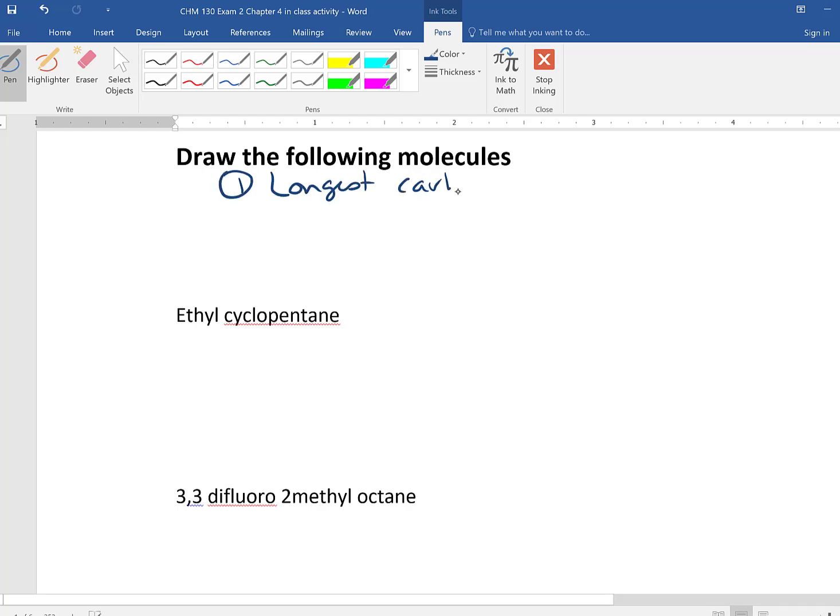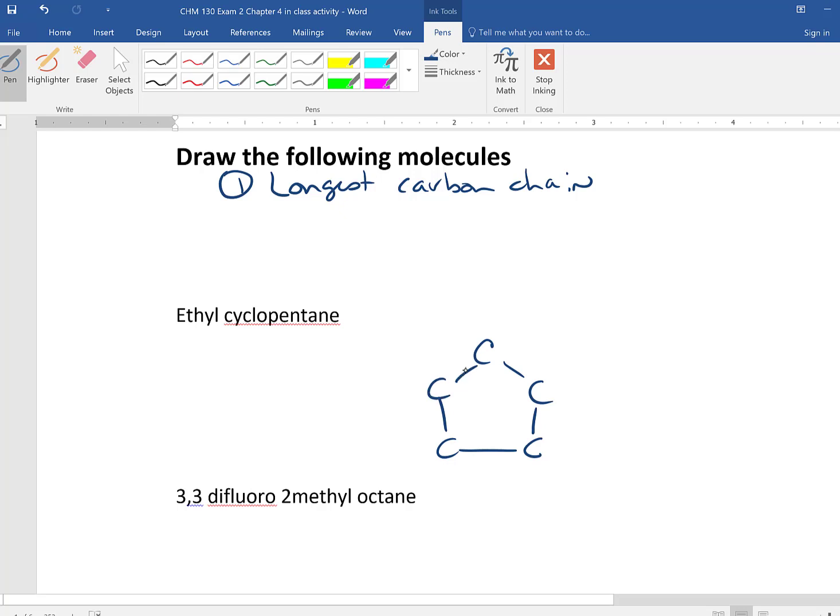When you go to draw the molecule, first put in the longest carbon chain. So you have to look at the last part of the name. In this one, I see 5. But what else? It's a circle. It's a cyclopentane. Cyclopentane tells me I have to put 5 carbons in a ring.